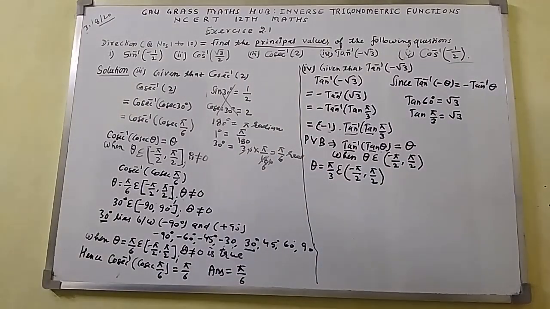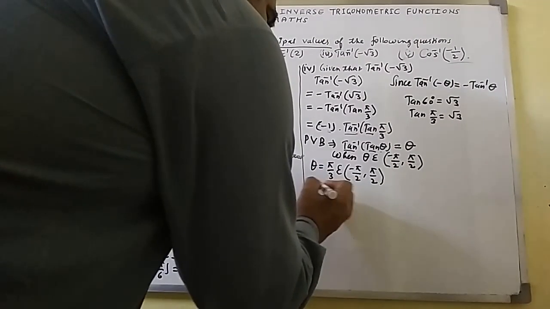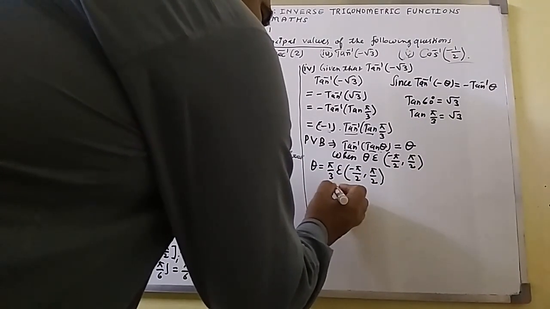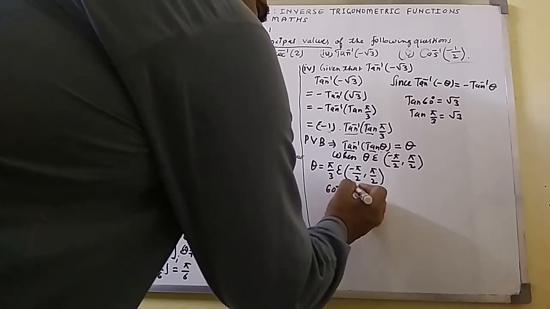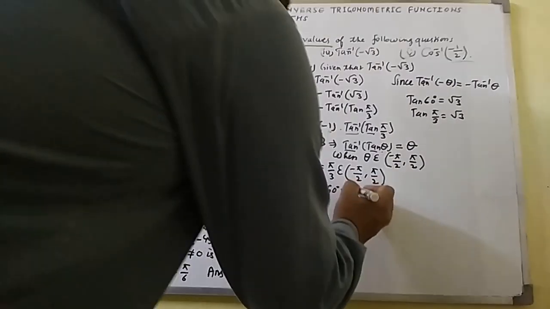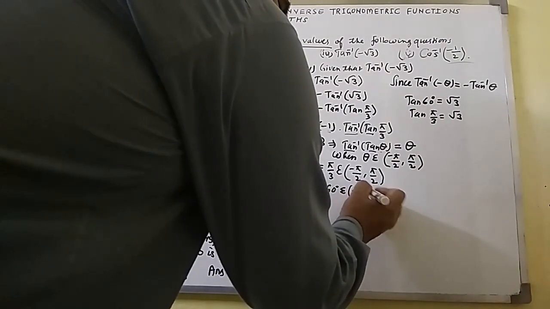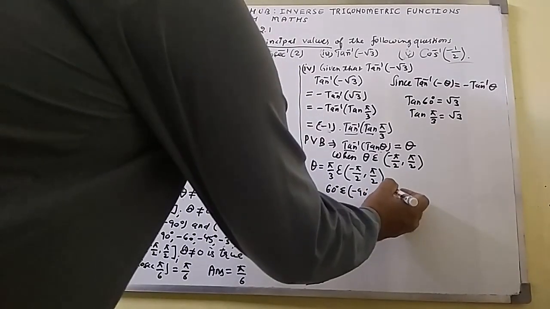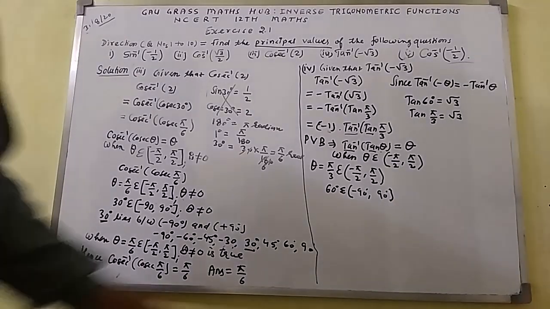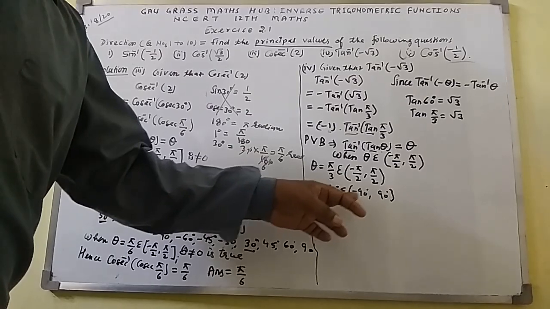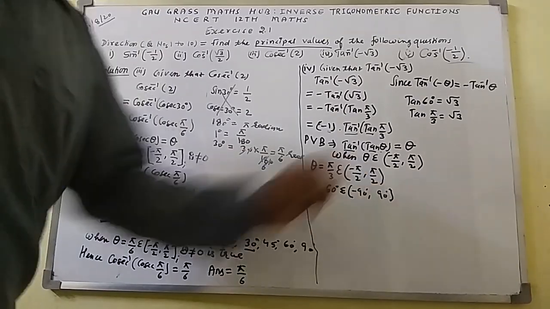Pi by 3 means 60 degree belongs to the open interval minus 90 degree comma 90 degree, open interval.